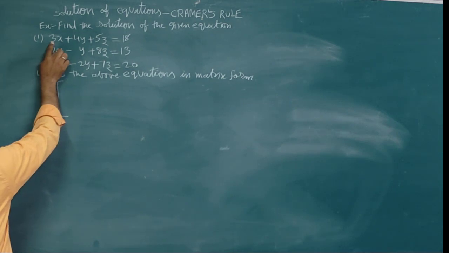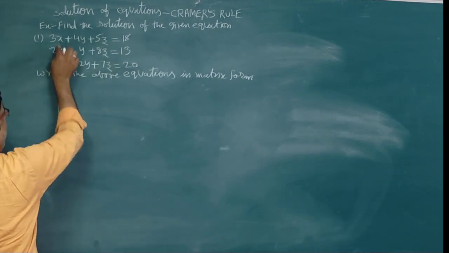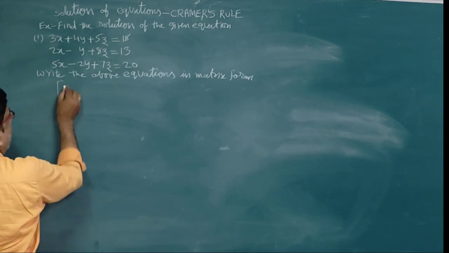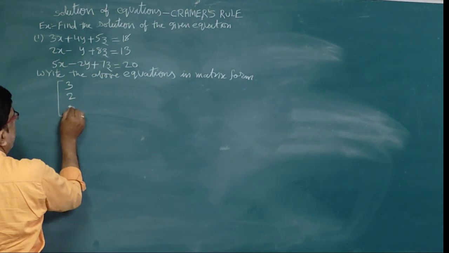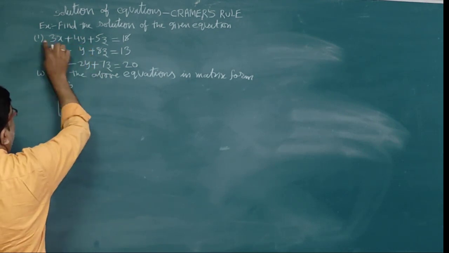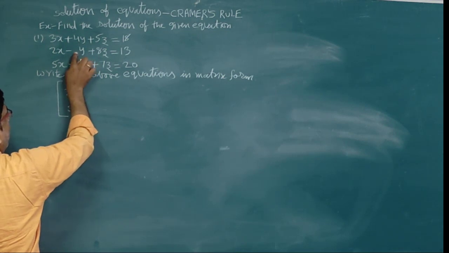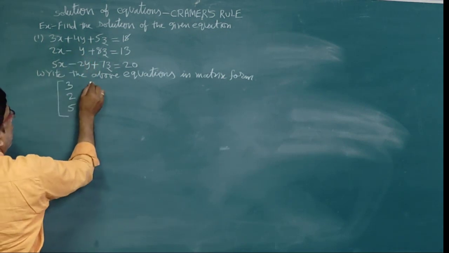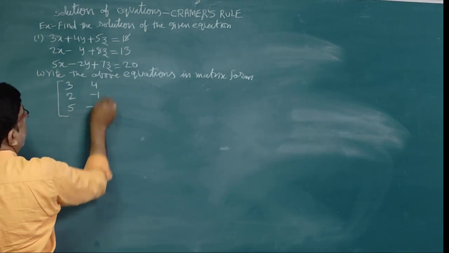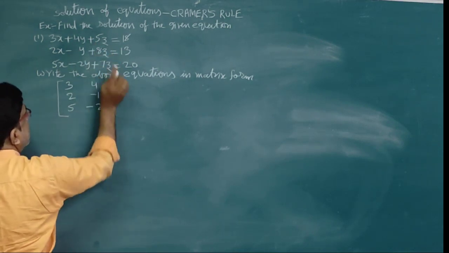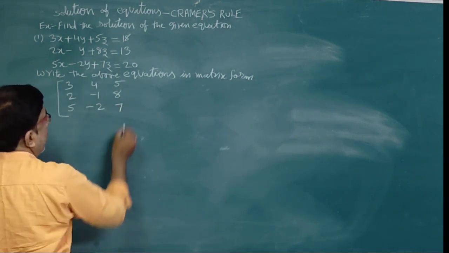So the coefficient of x is 3, y is 4, z is 5. Write them one after another. So the x column is 3, 2, 5. Next, all are plus. Next, 4, minus 1, 2; then 5, 8, 7.